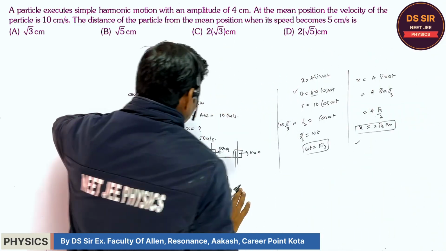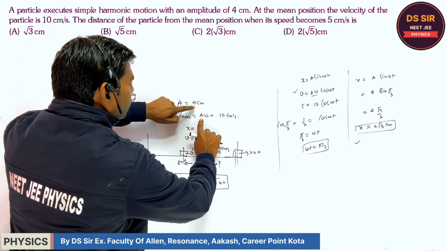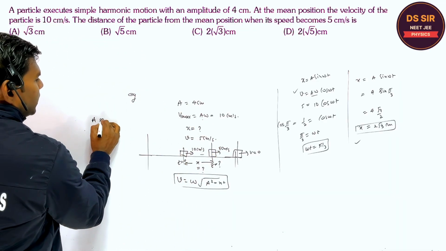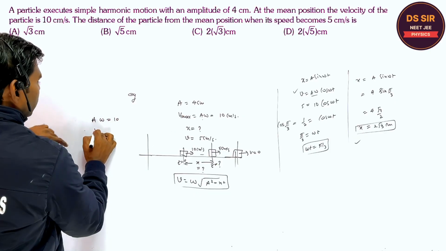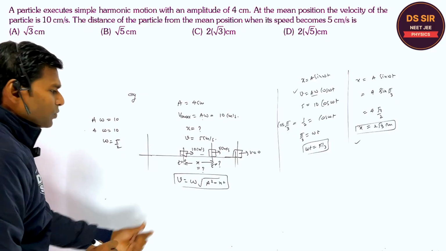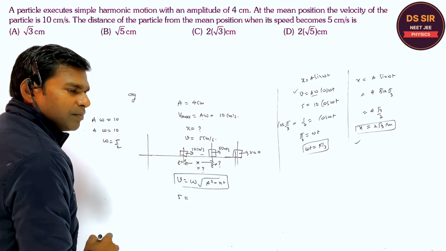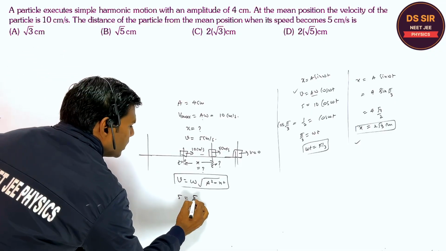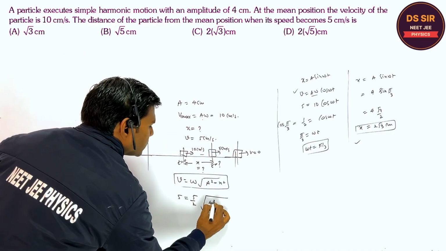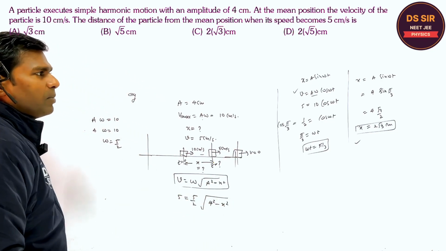Listen one thing. We can do this question by this also, because we know the a. So if you put the value, a omega is equal to 10, a value is 4. So the omega value we have found, this is 5 by 2. Now the velocity becomes 5. The omega value is known to us, the amplitude is known to us, the x value we have to find. So this formula also we can apply.